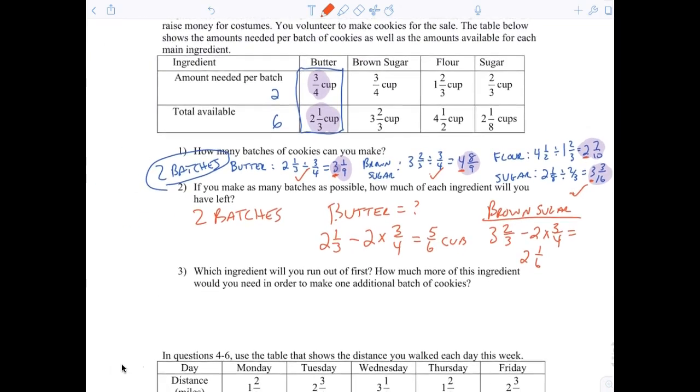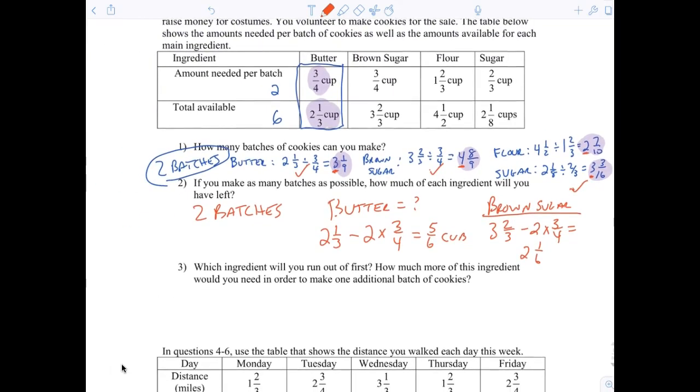Now, for those of you who are paying attention, I'm going to do flour now. I want somebody to tell me how much flour. How do I figure out how much flour I have left? Layton, how much flour am I going to have left? What do I have to do? For the flour, how much flour did I start with?